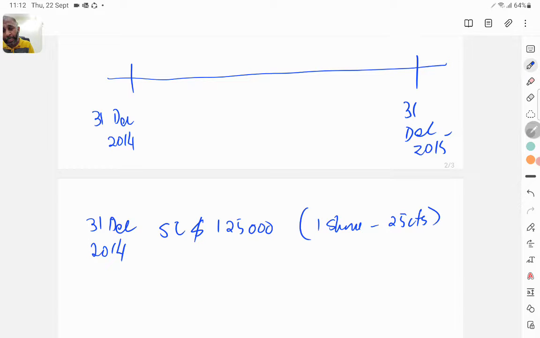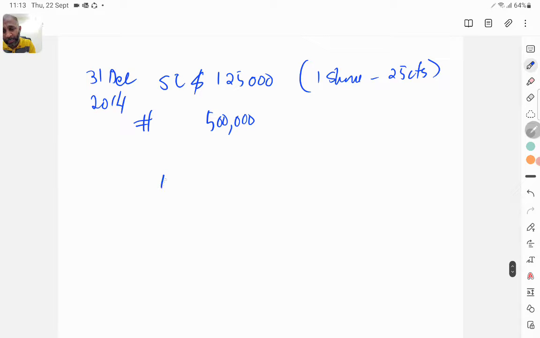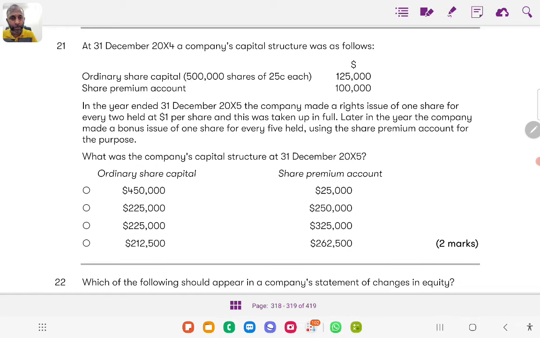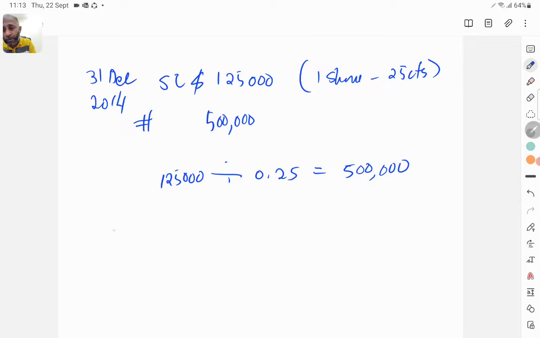This also tells you the number of shares. Since 1 share is 25 cents, you have to divide 125,000 by 25 cents. If you do that, the number of shares will be 500,000. The calculation is easy: 125,000 divided by 0.25 will give you 500,000. But nevertheless, the question has given you that also. If you see the question within brackets, they have given you that. So it's not necessarily a problem. Then we have share premium.